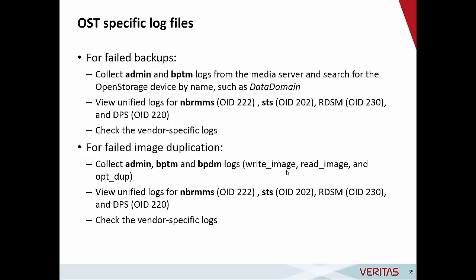And you might want to check the vendor-specific logs, which will probably be located possibly on the media server in the directory where the plugin is installed, or they might be on the appliance itself, or both places. You've got to figure out when you're troubleshooting, is the problem on the NetBackup side, or is the problem on the appliance side? For failed duplication, the same logs essentially are useful for duplication as they are for backups.